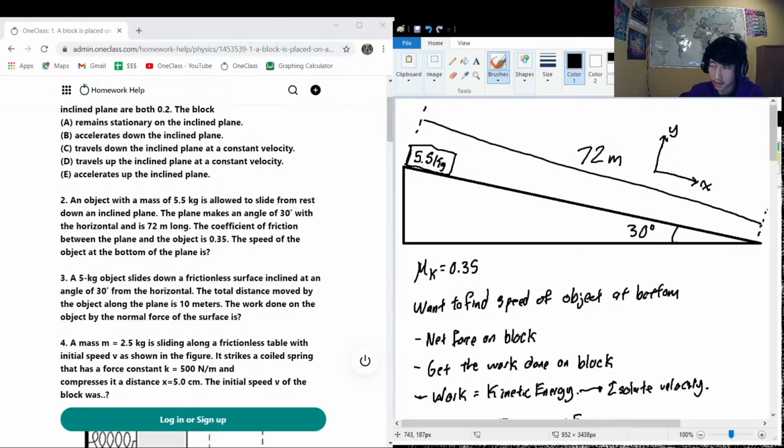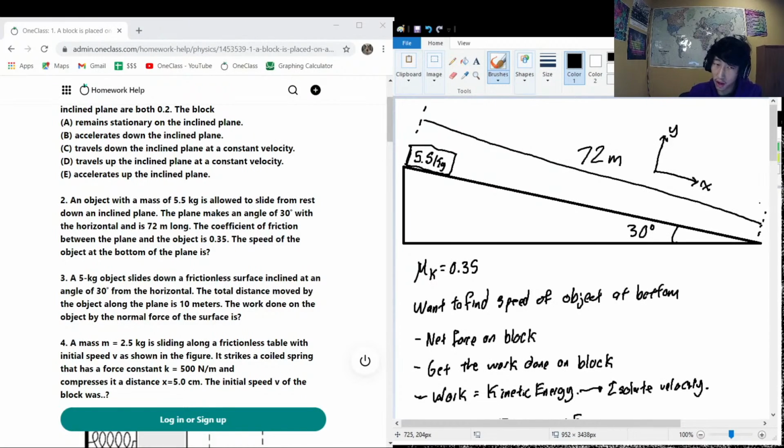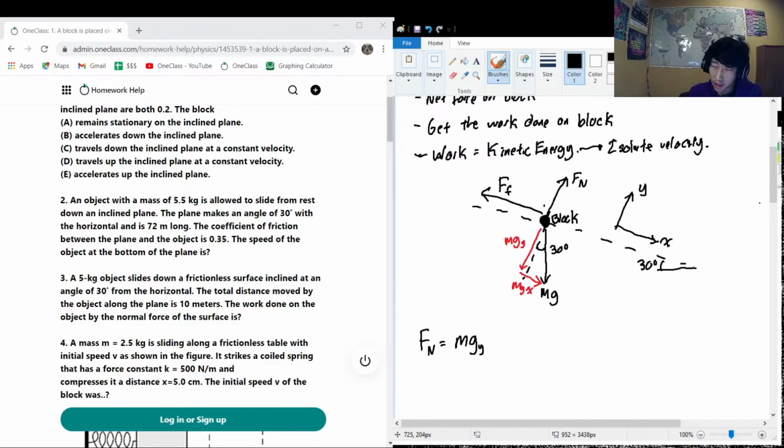And if we look at our coordinate system, we can see that with this tilted coordinate system, the y value is always going to be the same. The only thing that really matters is the x, but we still need to consider our y, and we know that there's going to be zero net force along there. And the only way that there's going to be zero net force along the y-axis is if the normal force is equal in magnitude to the tilted y component of the gravitational force.